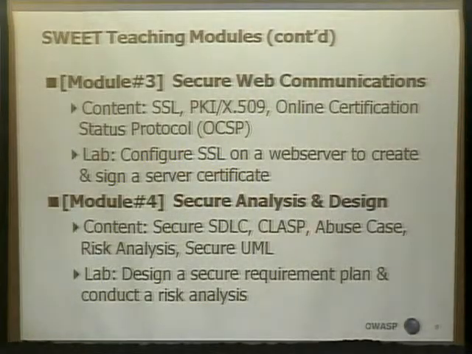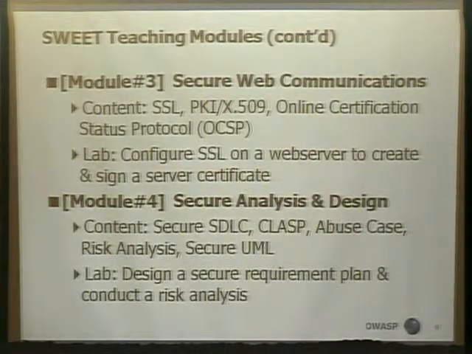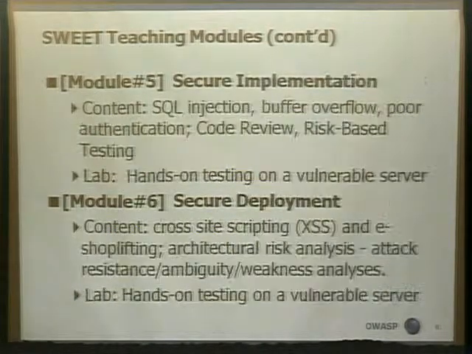And then for secure analysis and design, we start to introduce a secure development lifecycle with CLASP, abuse cases, risk analysis, and SecureXML. And students will be doing a secure requirement plan and conducting a risk analysis.